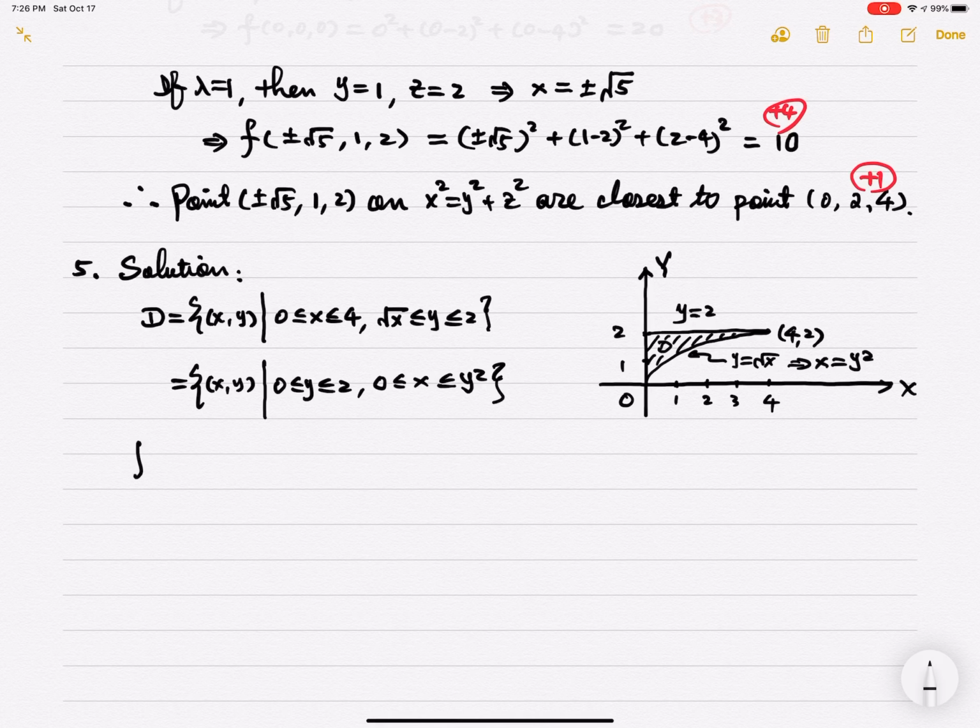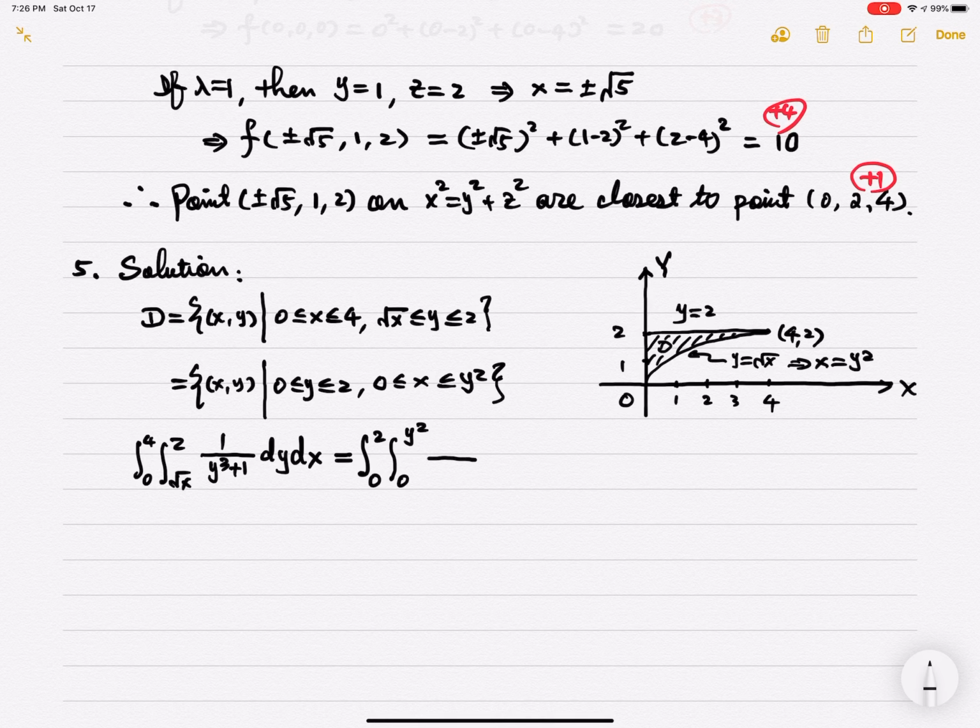So here is 0 to 4, root x to 2, 1 over y to the third plus 1, dy dx. Now this one is hard to evaluate, so that's why we switch the order. Reverse order says 0 to 2, and then 0 to y squared.